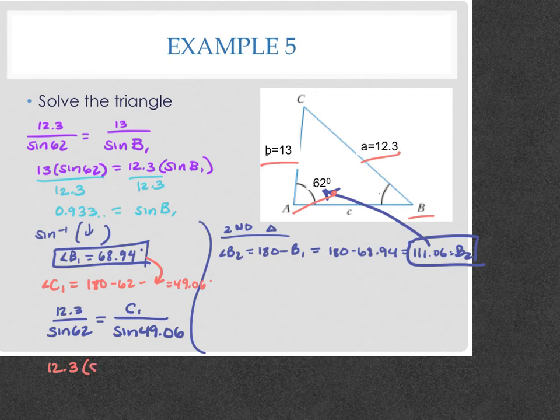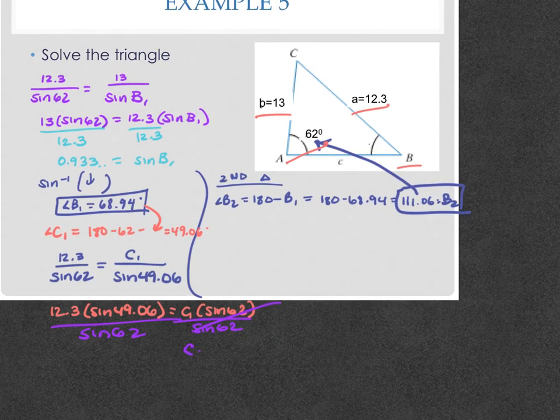Cross multiply and divide. So 12.3 times the sine of 49.06 divided by the sine of 62.